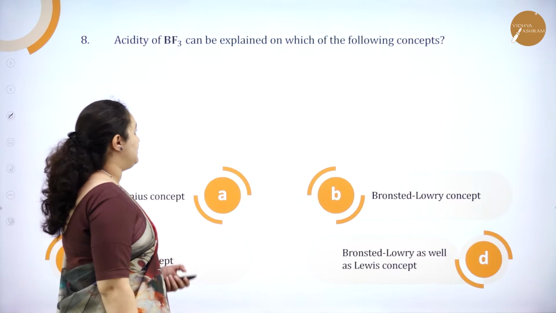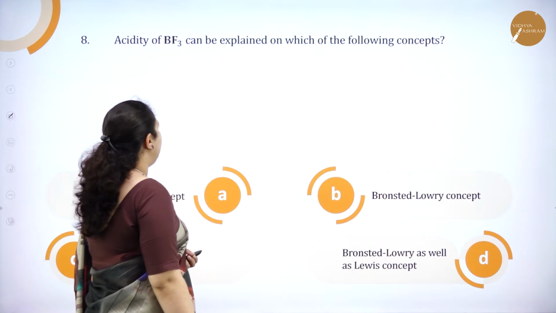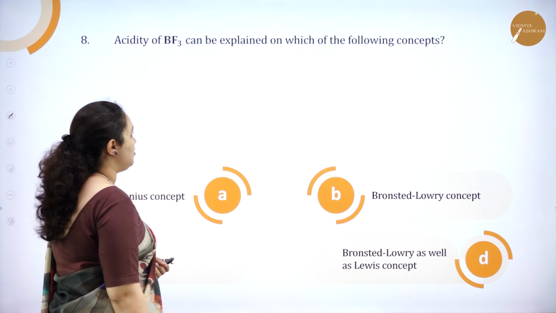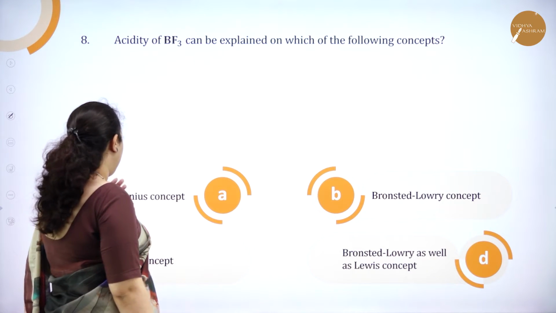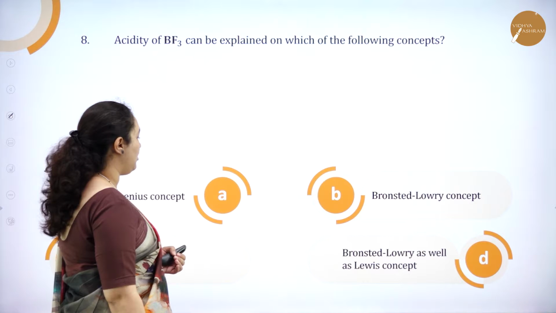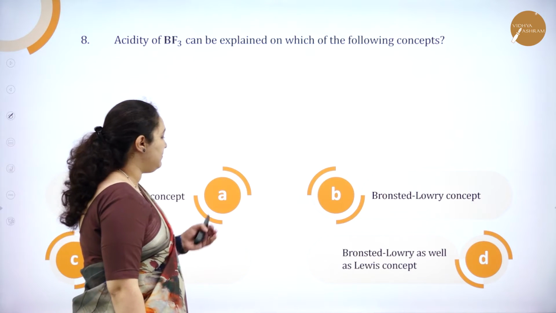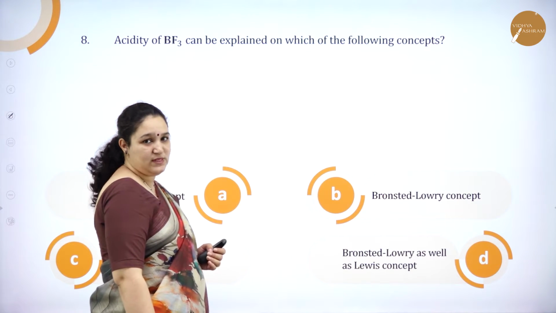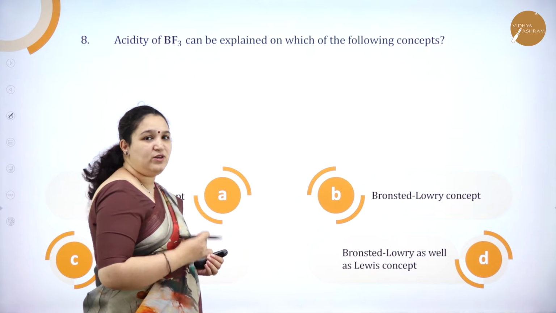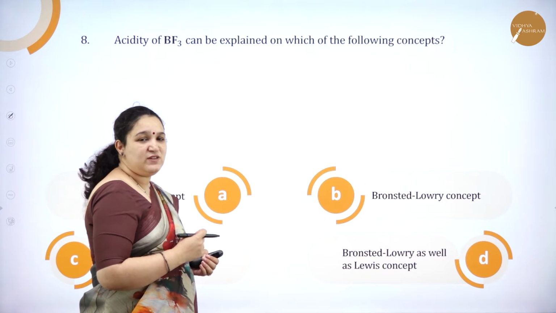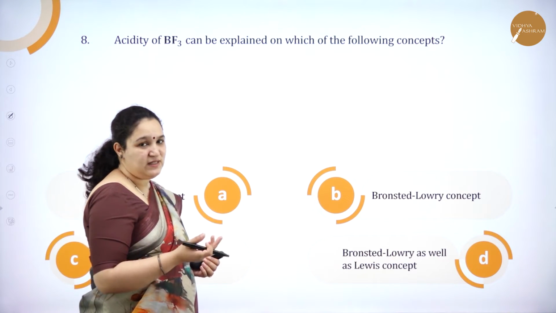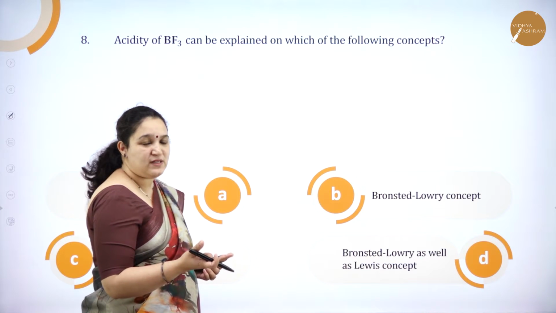Next one. Acidity of BF3 can be explained on the basis of the following concepts. We have Arrhenius concept, Bronsted-Lowry concept, Lewis concept, and Bronsted-Lowry as well as Lewis concept. According to Arrhenius concept, anything which can give an H plus ion is an acid, anything which can give OH minus ion is a base.